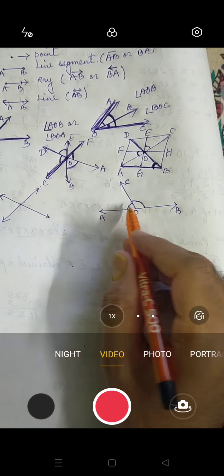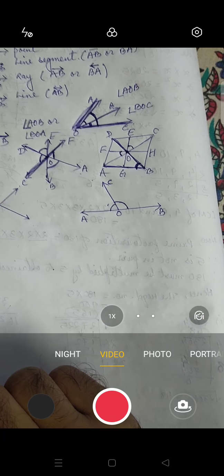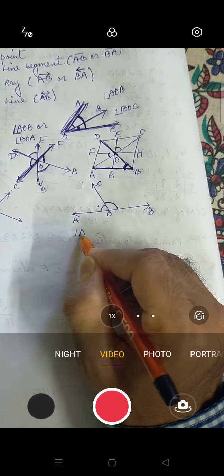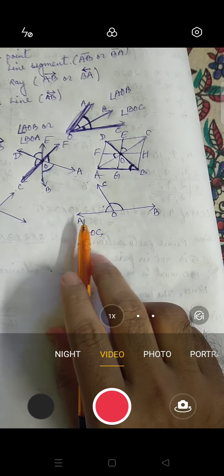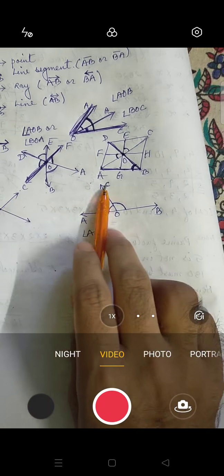The name of this angle is angle AOC, or you can say angle COA. Both will be correct.